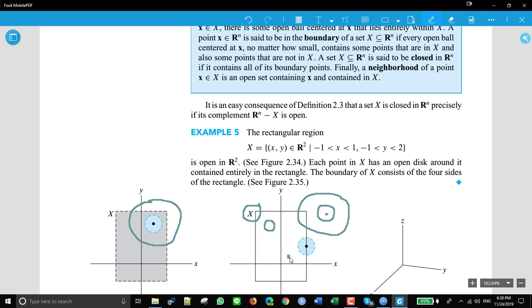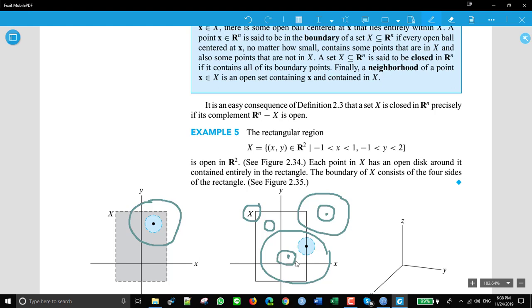Now, how about here? Suppose, is this a boundary point? Of course, if I draw a big circle, then some points in this ball are going to be in here, and some are going to be not in here. But not every ball.